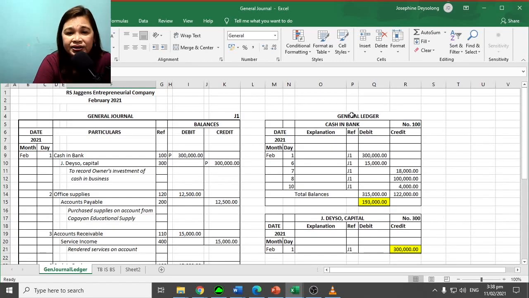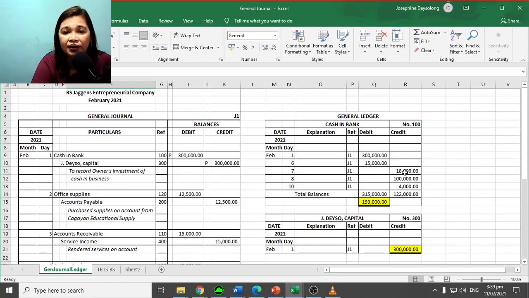My ledger here says, under cash in bank, add all the debit amounts. So I add 300,000, 15,000, 315,000, and that is the total here, 315,000. And the credit here, I have this formula.